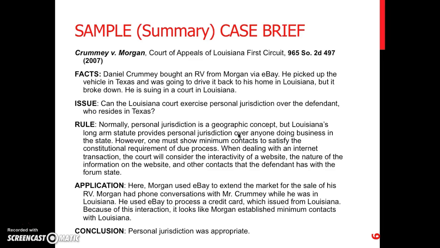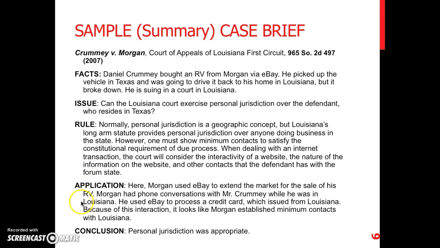However, the rule of law tells us that a court may exercise personal jurisdiction over a non-resident if they transact business in the state and have certain minimum contacts with the state. In this case, the court explained that there is a sliding scale for jurisdiction when a defendant advertises or sells products over the internet.